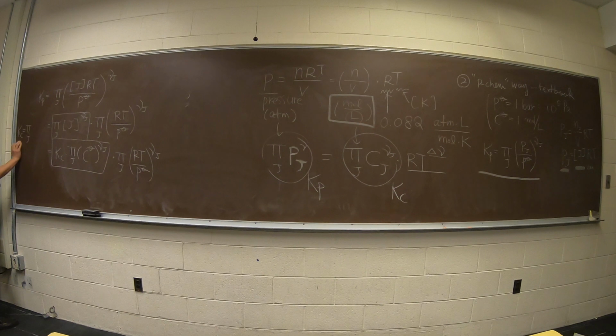Okay, Kc is a concentration. So my notation is mu_j divided by, it's not simple concentration, it's concentration divided by the 1 mole per liter. That's a normalized concentration, to the power of mu_j.